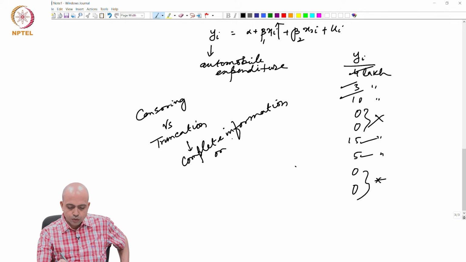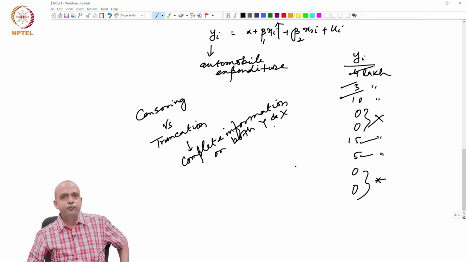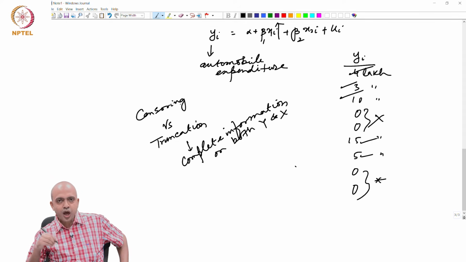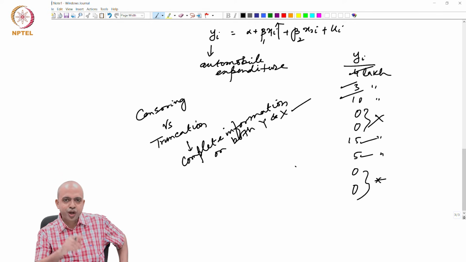In case of censoring, I had complete information only on x, but not on y. That is the difference between censoring and truncation.